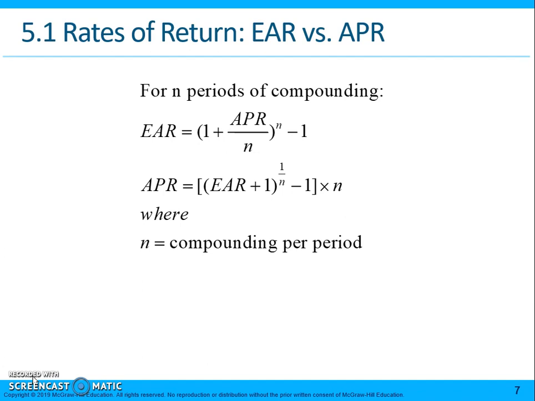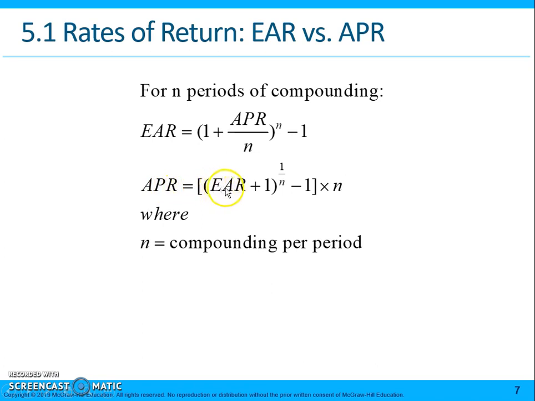So, for example, we can calculate the EAR as 1 plus the APR divided by the number of compounding periods in a year, raised to the power of the number of compounding periods per year, minus 1. We can convert back from EAR to APR.